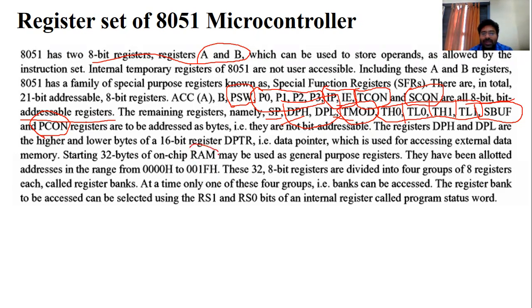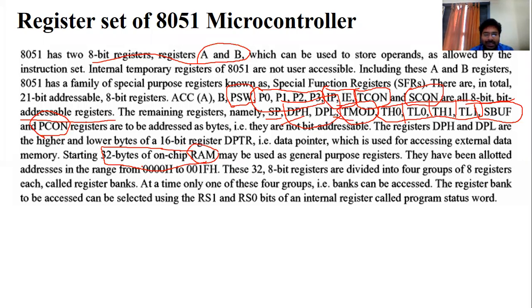How much memory is occupied by these codes? 32 bytes of RAM memory. You know the internal RAM memory is only 128 bytes. Out of 128 bytes, the addressing of the registers will occupy 32 bytes.